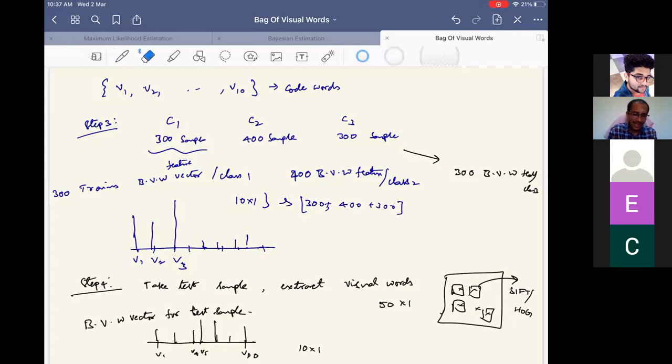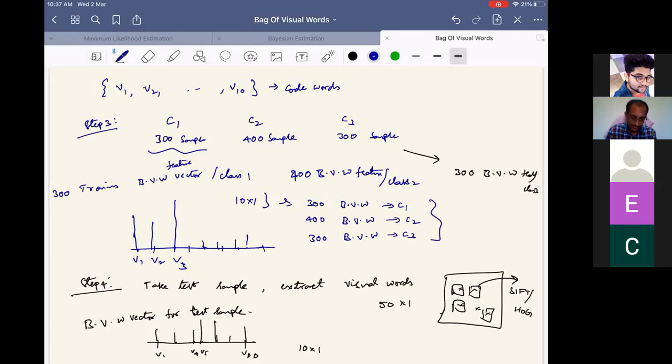Now what do I do? I apply a conventional classification procedure and try to see whether this 10 cross 1 test vector is close to the bag of visual words vectors of class 1, or the 400 of class 2, or the 300 of class 3. I apply a supervised classification procedure.